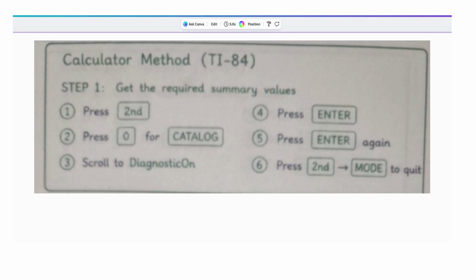Is that what you said? No, diagnostic on. Okay, yes, I found it. I think you're supposed to press enter on that. Hit enter again. It says done. Okay, and then hit second mode to quit. Okay, now, next procedure.